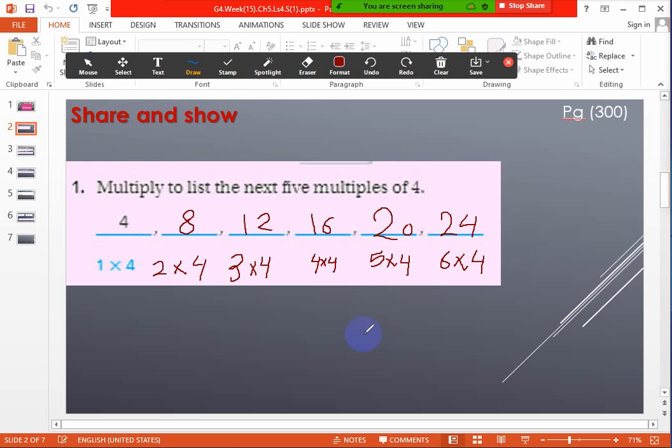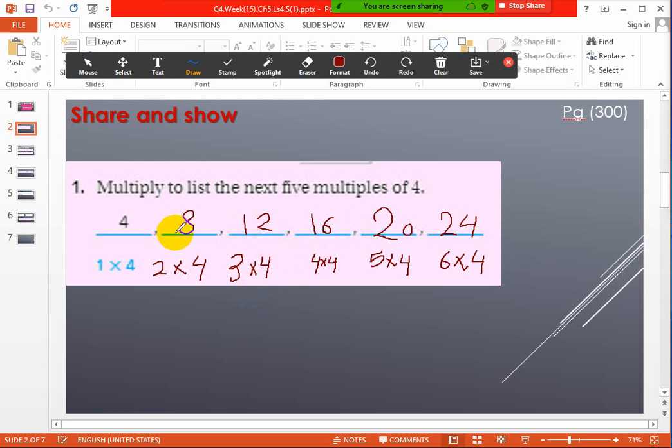So of course, when I want to use the multiples to understand the factors, girls, look, here I have 8, I have 2 factors, 2 and 4, right? Also for 12, I have 2 factors, 3 and 4, okay? It's very easy.